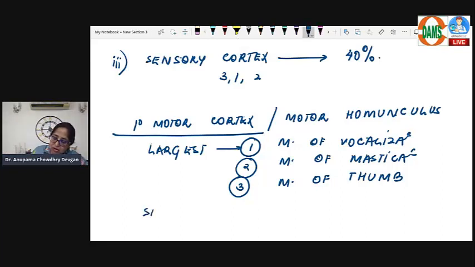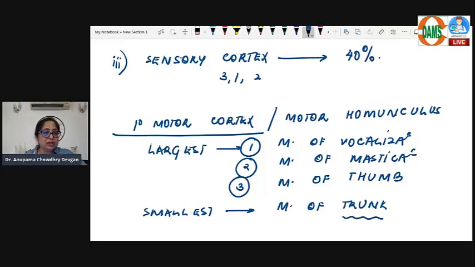The smallest cortical representation will be for the muscles of the trunk, right? This is what happens in the primary motor cortex.